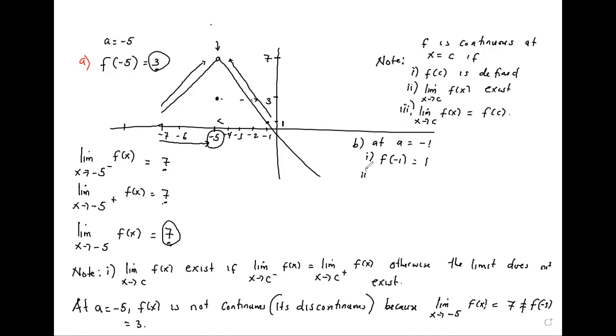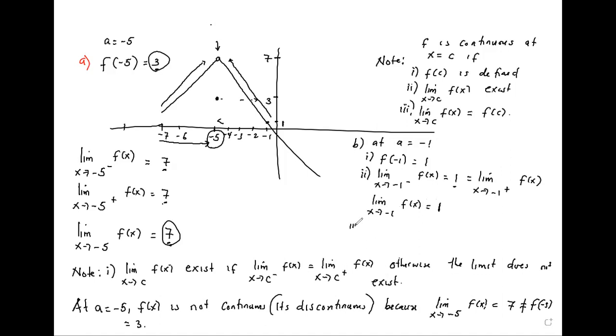Then 2, what is the limit as x goes to -1 from left of f of x? Well, from left and right, we're getting the same number 1, because it's just a curve. So I'll write the limit as x goes to -1 from right of f of x, which is telling us that because the two are equal, this exists and it is equal to 1.